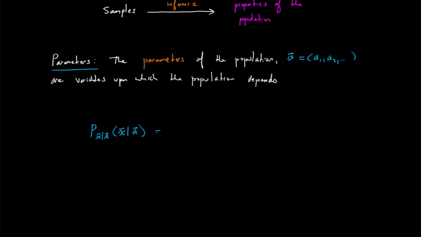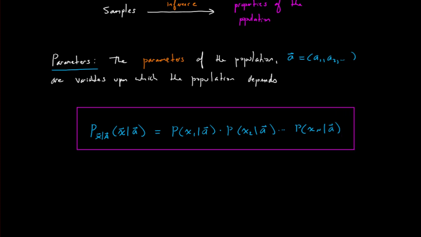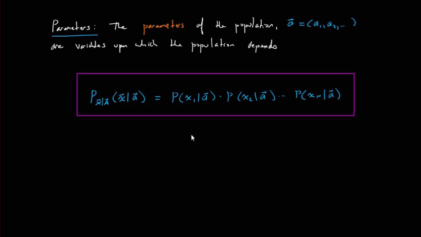This is equal to P of x1 given A, times P of x2 given definite values of the parameters, dot, dot, dot, all the way up to P of xn given definite values of the parameters. So all we've done is write the population in a way that makes it absolutely explicit that our population depends on these parameters.